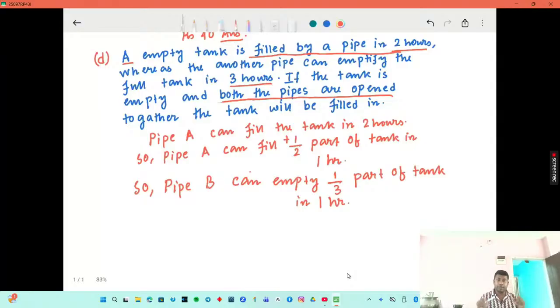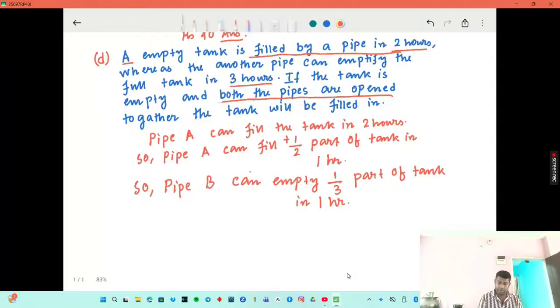When we are increasing someone's value, we put a positive value into it, and when we are decreasing something, we put a negative value into it.